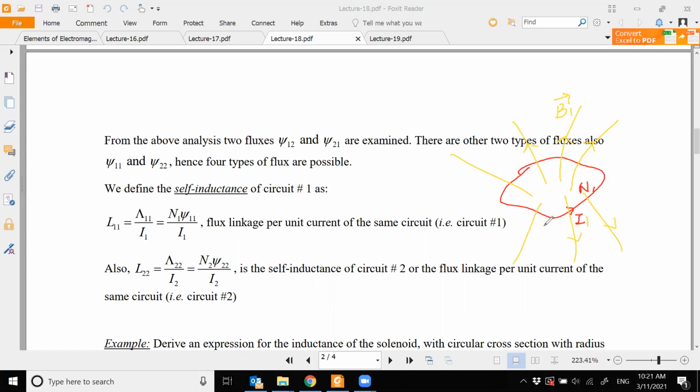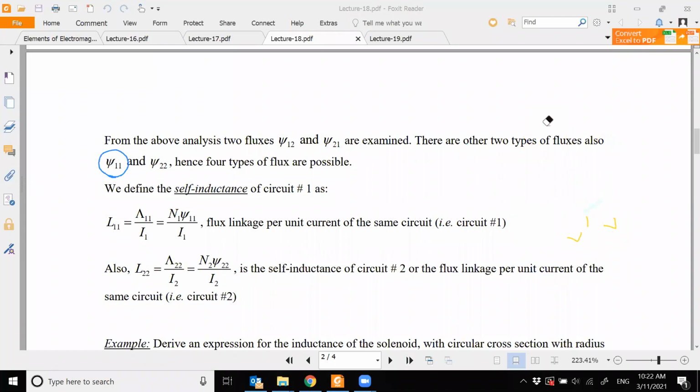Now, if we integrate it over here, that is, if we find the flux through the same loop 1 due to the magnetic flux density generated by loop 1 itself, that is your self flux. Okay, not for others. It's the same. So this is called the self flux, psi11 and psi22.